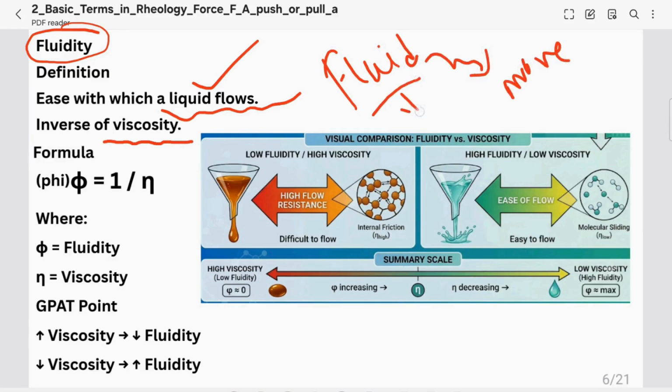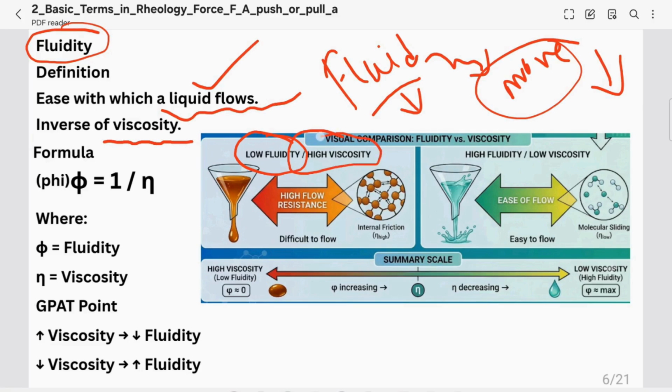If the liquid has less fluidity, the movement is also very less. Here we can see low fluidity, especially in high viscous liquids like oils, where the flow is very less. The liquid with high fluidity will flow very fast compared to the viscous liquid because the viscosity is very less.